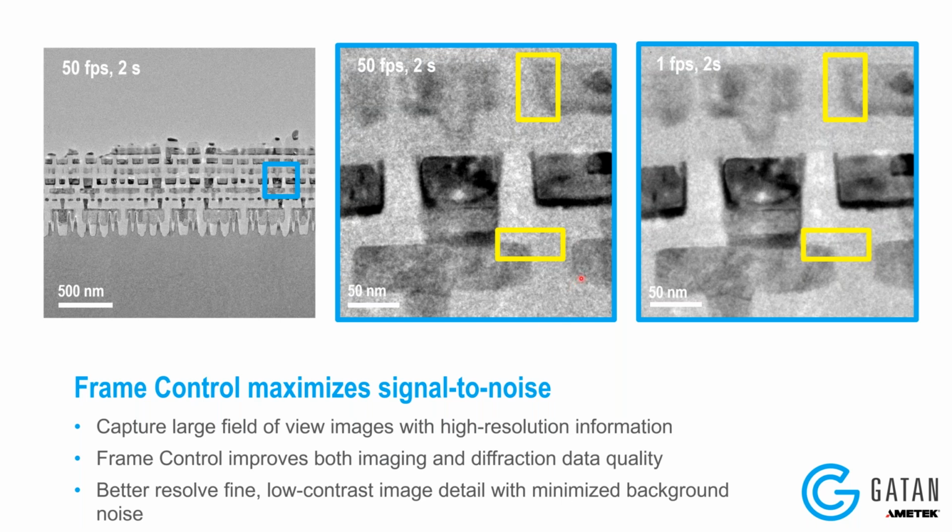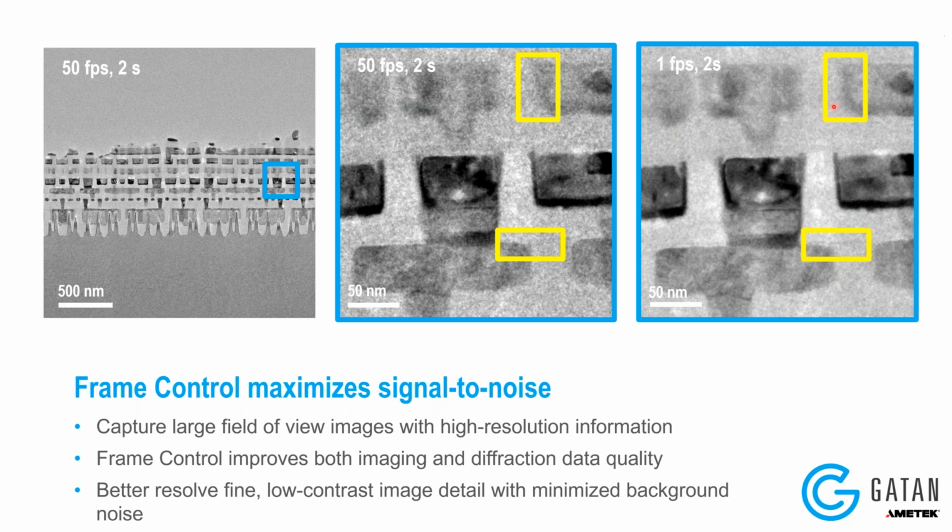And so when you have the frame control mode, for example, on the right, this is 1 frame per second at 2 seconds total capture. So this is 2 frames integrated into this final image as opposed to 100 frames. And I think in general, it's a lot less grainy, meaning that it's a lot less noisy of an image.